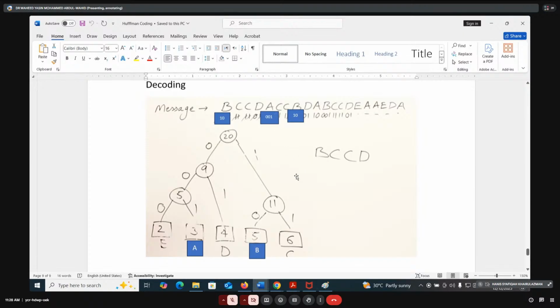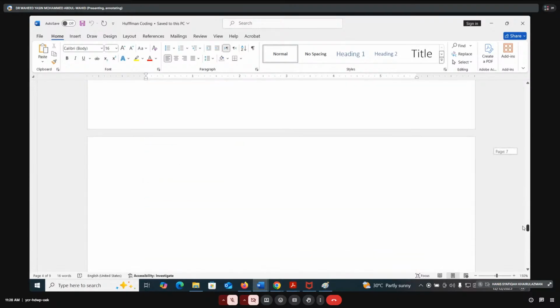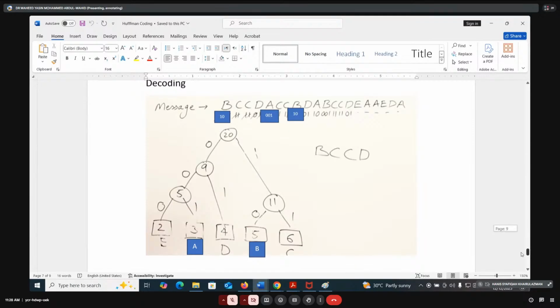Here 1 0. So for decoding, I'm writing here the representation of this one. So 1 0 is B, C is 1 1, C is 1 1, D, what is D?